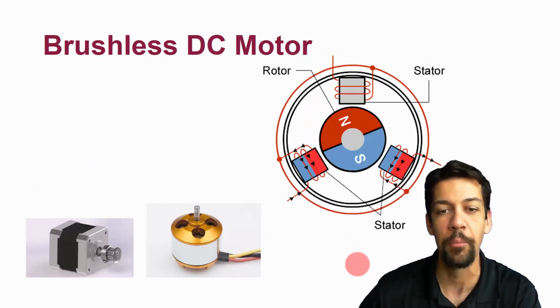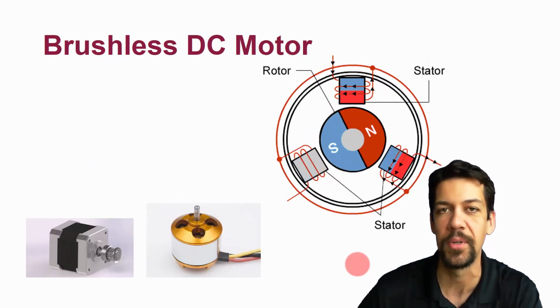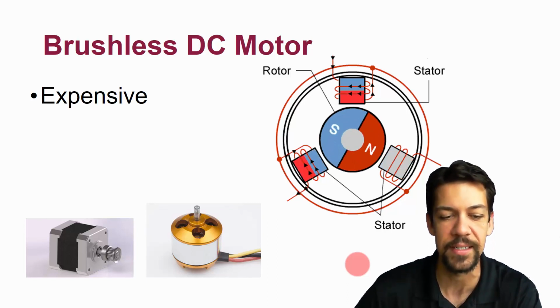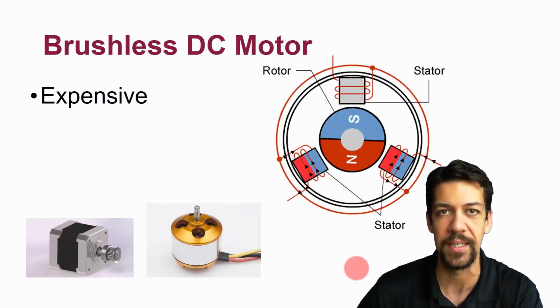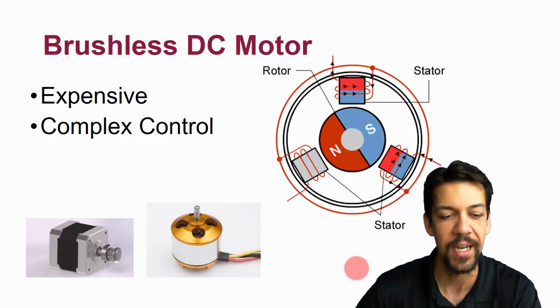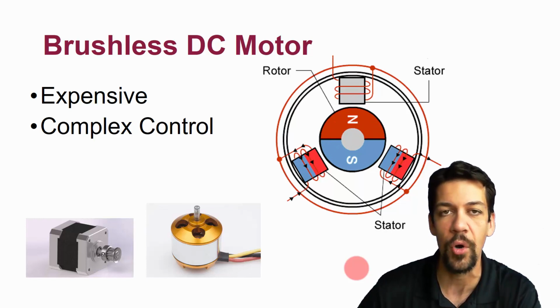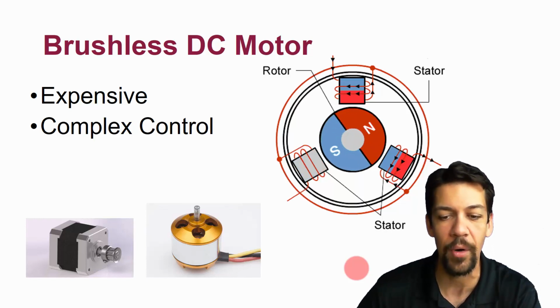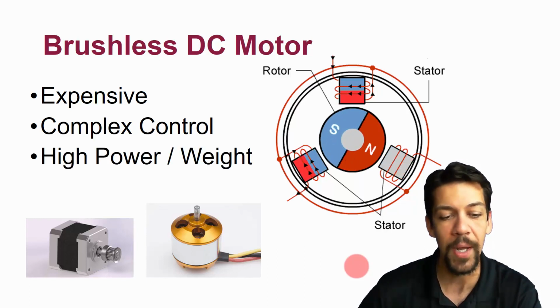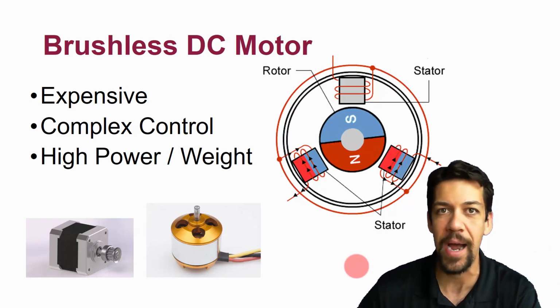Brushless DC motors, on the other hand, are almost exactly the opposite in their characteristics. They're often very expensive because they require a lot of precision machining. They're complex to control because we have to coordinate the firing of the coils rather than just applying power. We have to turn the coils on and off, but that gives them a high power to weight ratio.